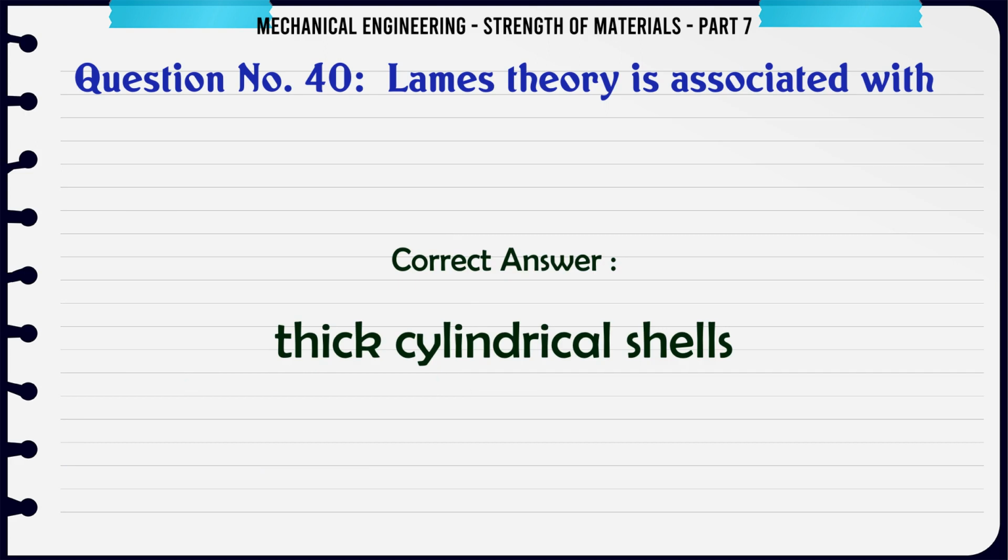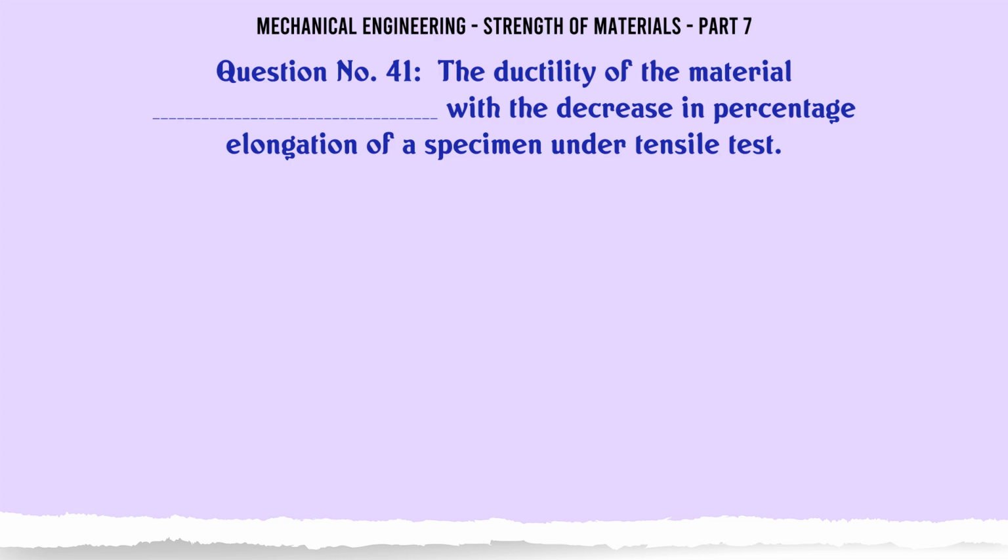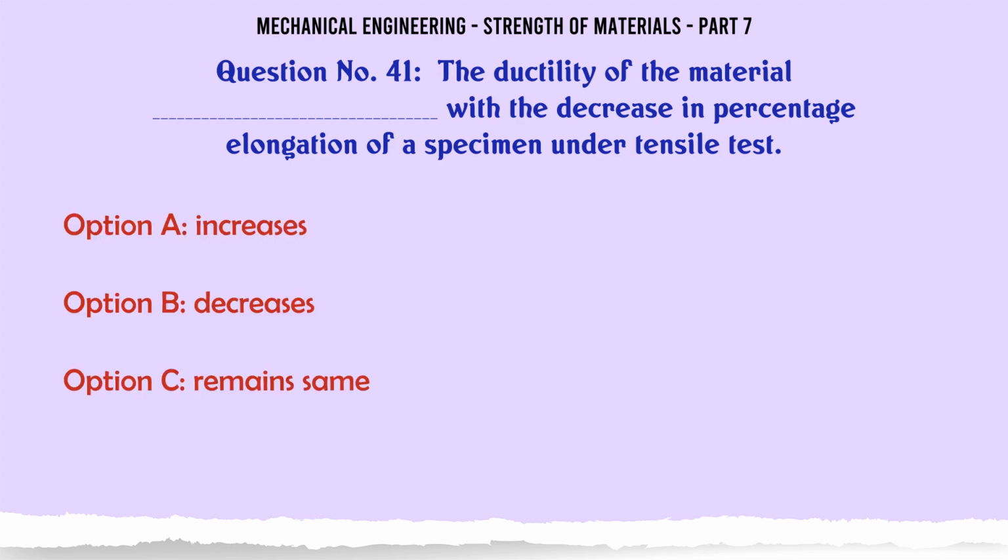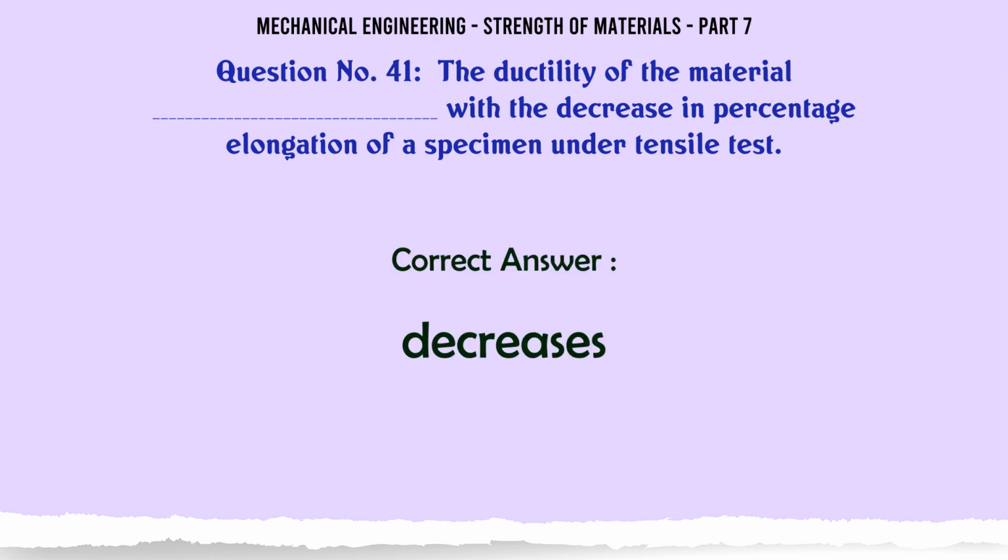The correct answer is thick cylindrical shells. The ductility of the material with the decrease in percentage elongation of a specimen under tensile test: A. increases, B. decreases, C. remains same. The correct answer is decreases.